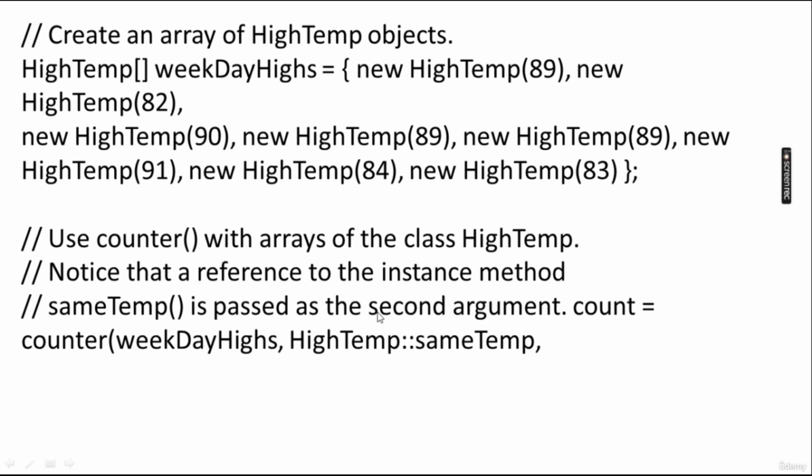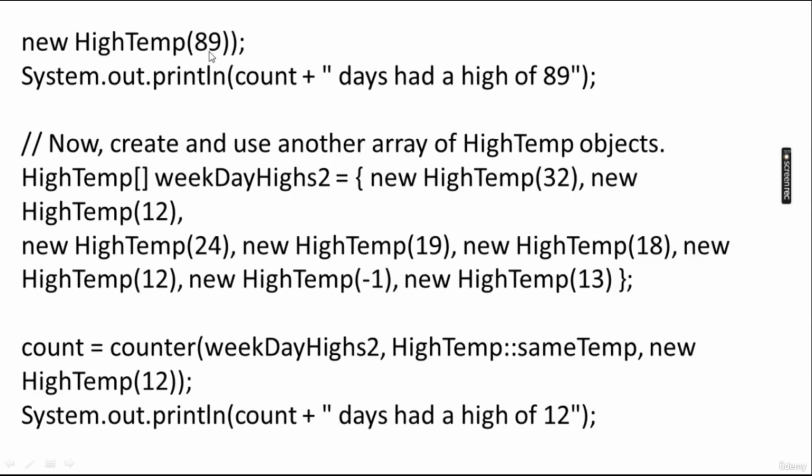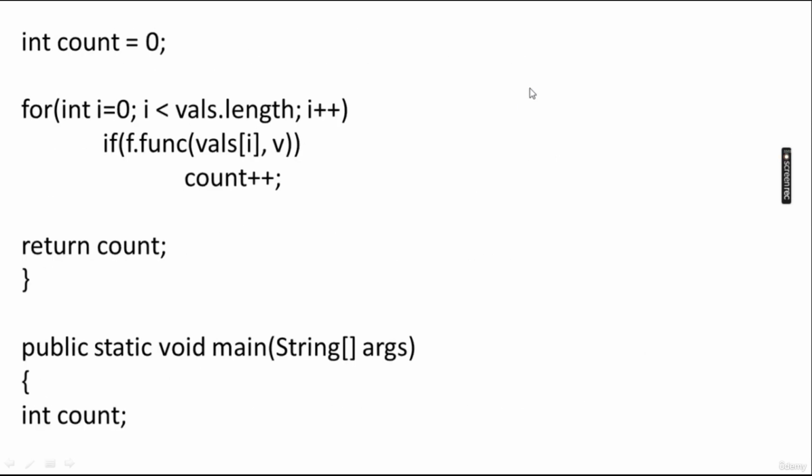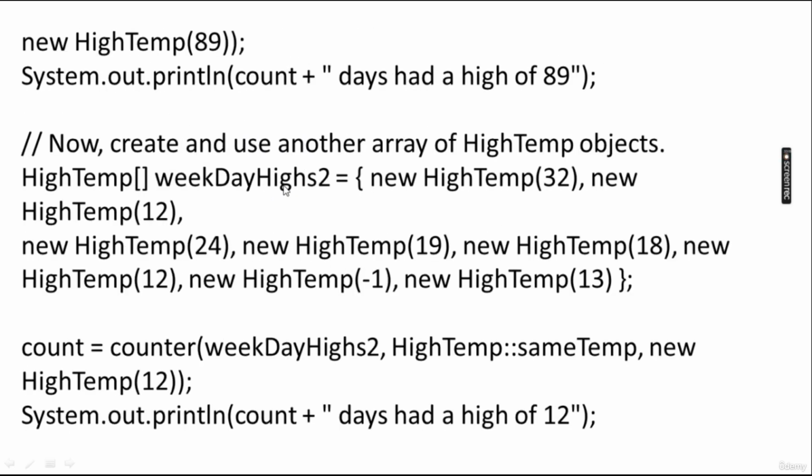Notice that a reference to the instance method sameTemp is passed as the second argument: HighTemp::sameTemp, new HighTemp(89). So count the days that had a high of 89. How many days had this high temperature? That will be counted in the count variable.